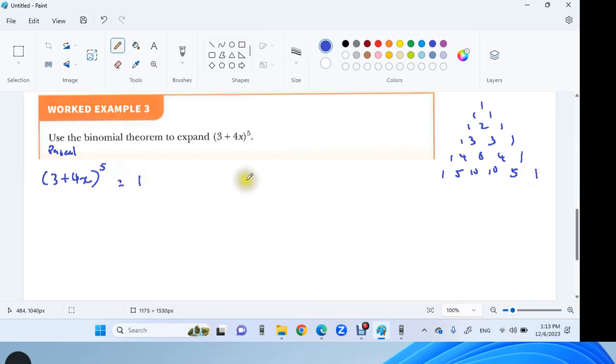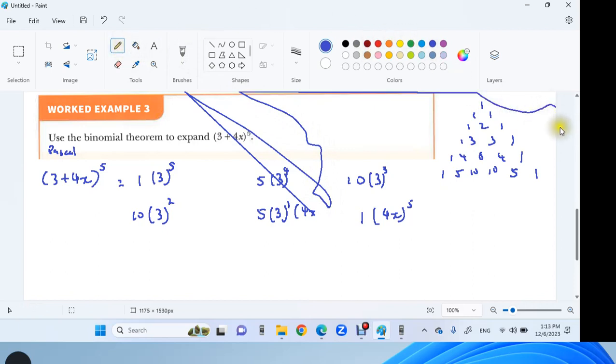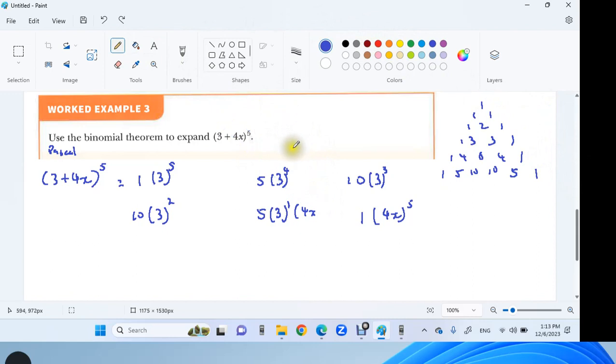So this will be 1, 5, 10, 10, 5, 1 with 3^5, 3^4, 3^3, 3^2, 3^1, and 4x to the power 1, 2, 3, 4, 5.